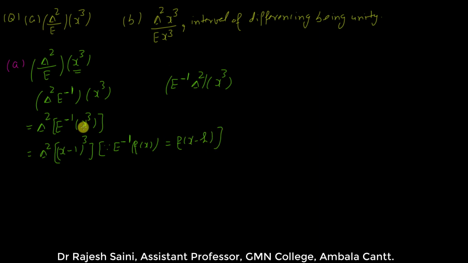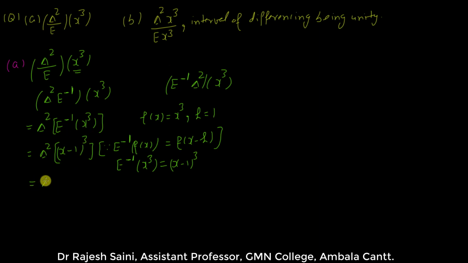So here f of x is equal to x cube and h is equal to 1. Therefore E inverse x cube is nothing but f of x minus 1. So here x minus 1 will be x minus 1 cube. Done. So in place of this one I have written x minus 1 cube.